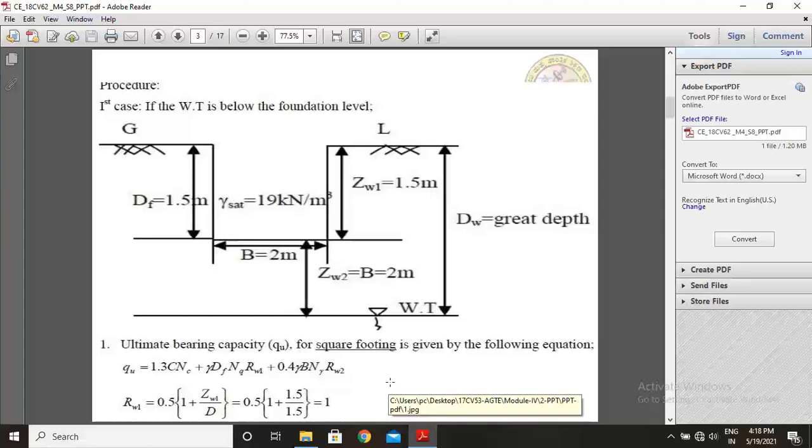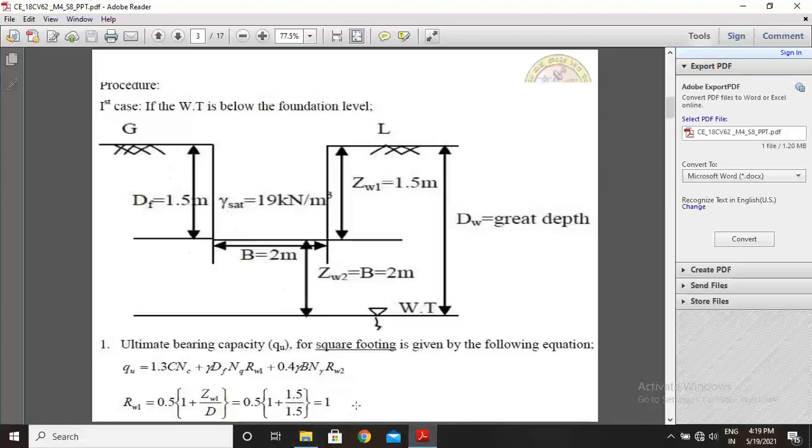Now you calculate from the above equation RW1 and RW2, that is water reduction factors, required to calculate by knowing the empirical equations. RW1 equal to 0.5 times 1 plus ZW1 by D. Now substitute the value here. 0.5 into 1 plus ZW1 is 1.5 meters divided by D is 1.5.